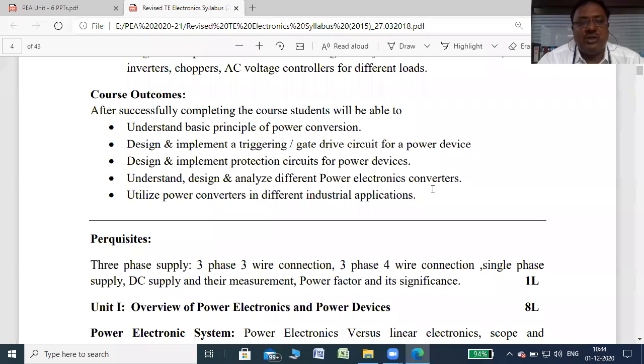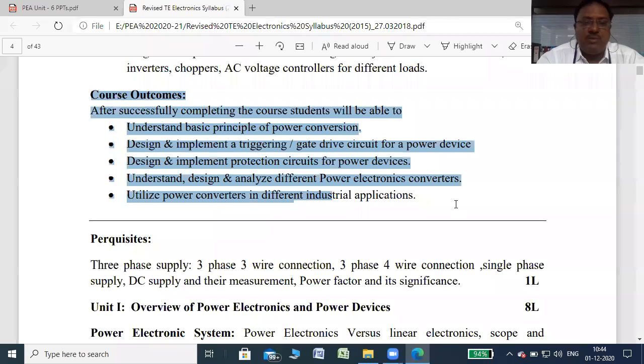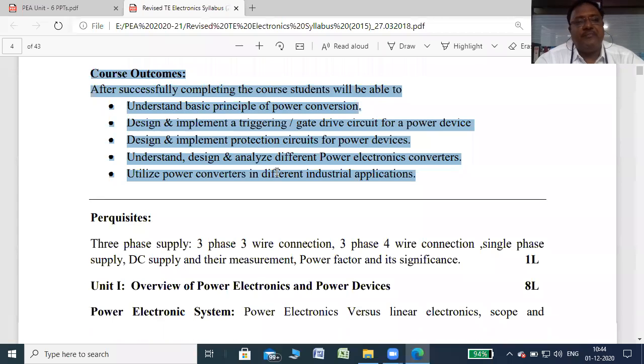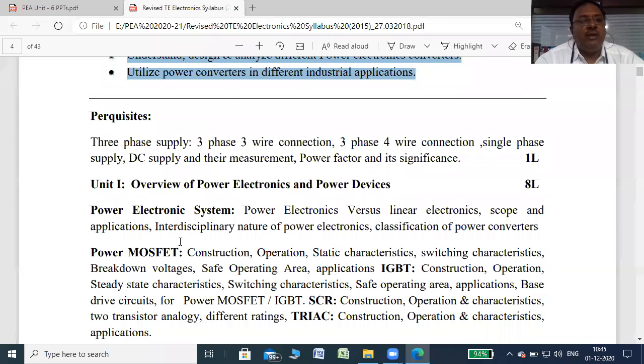We have already seen 2, 3, 4 applications like induction heating or induction cooker, then battery charger, then UPS online, offline, then electronic ballasts, etc. These are the applications of power converters in different industrial applications. So the whole syllabus is covered. It means that all these 4, 5 outcomes are fulfilled.